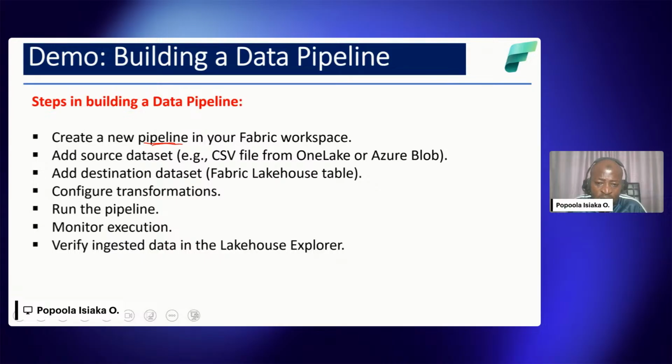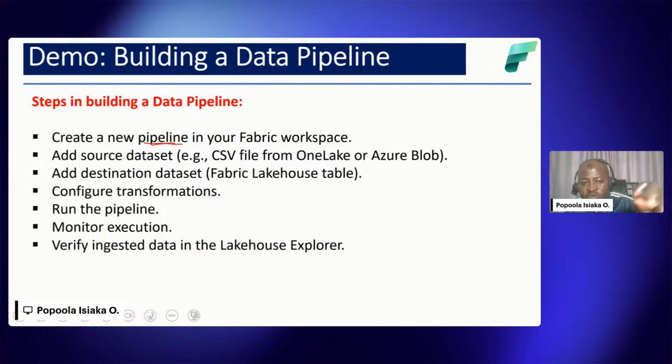I did mention that when you're talking about a pipeline, we are talking about moving data from one location to another location, in this case from the source to the destination. There will be a need to add our data set source. We also need to add a destination. That is, when you are moving the data from a particular point to another point, I want to see where it is coming from and where it is going to.